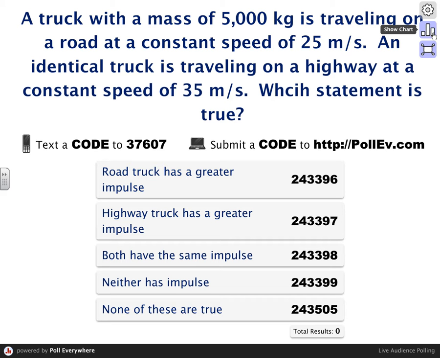Third, they both have the same impulse. Fourth, neither has impulse. Fifth, none of those statements are true. Two trucks, equal mass, one at a constant speed of 25 meters per second, the other at a constant speed of 35 meters per second. This time asking you about impulse.